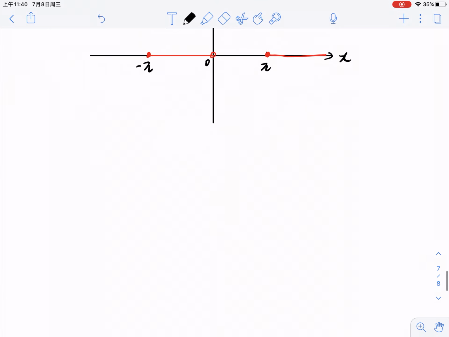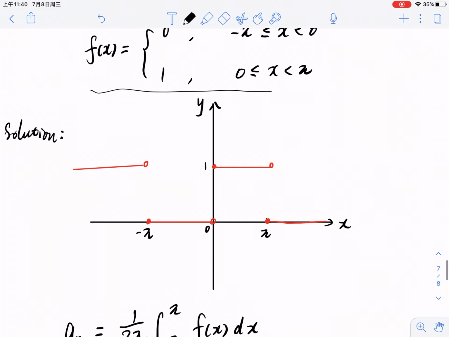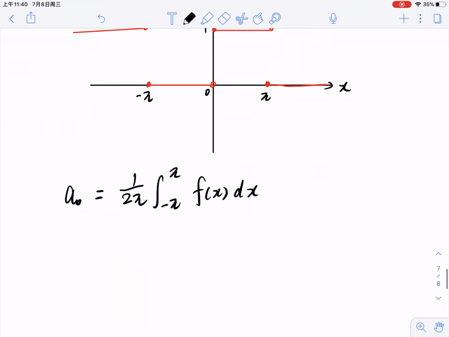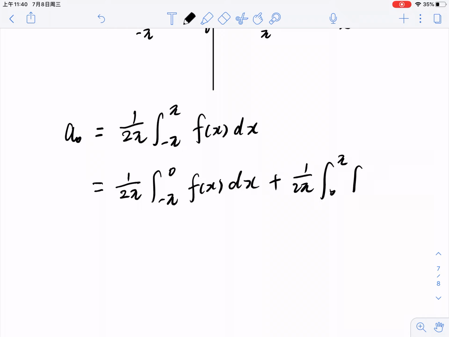Now a0, by the formula, is 1/2 pi times the integral from negative pi to pi of f(x) dx. Because f(x) is 0 when x is between negative pi and 0, this integral can be written as 1/2 pi times the integral from negative pi to 0 of f(x) dx plus 1/2 pi times the integral from 0 to pi of f(x) dx.